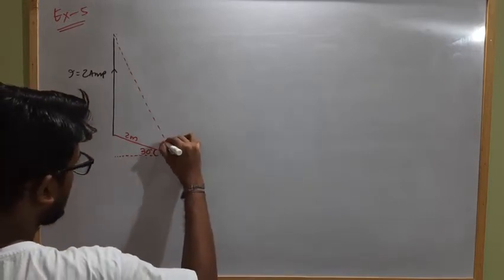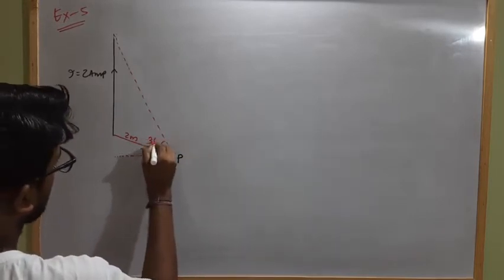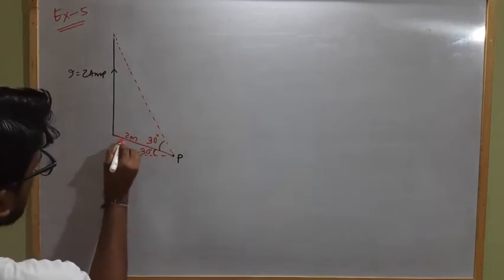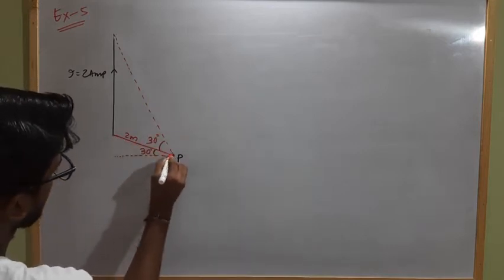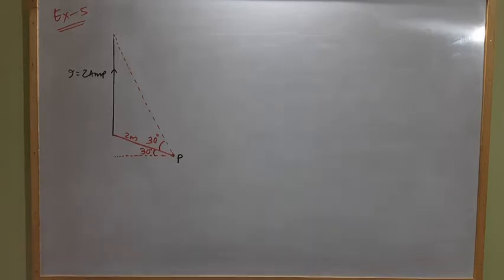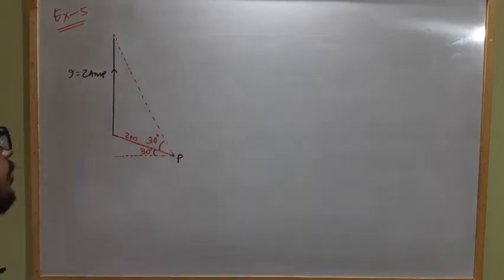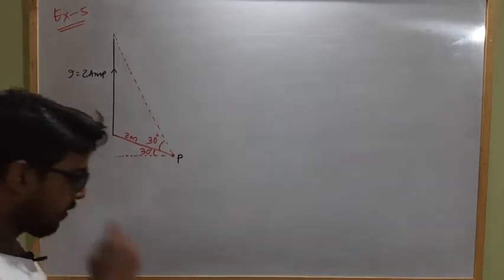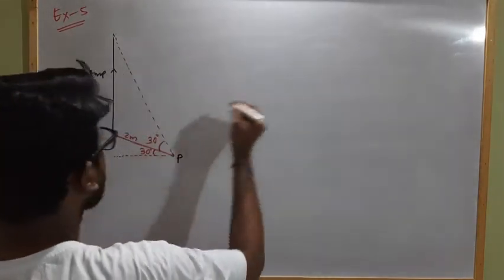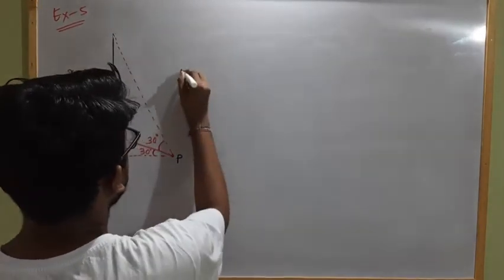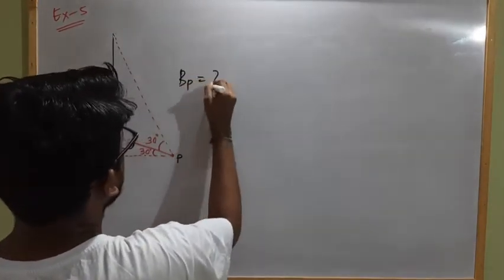makes an angle 30 degree with this line. Then what is the magnetic field strength due to this current carrying conductor at the point of observation P? So here in this case, for a long straight current carrying conductor, what is the value of B at P?